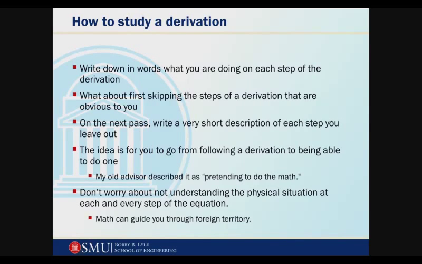My former PhD advisor described it as pretending to do the mathematics, pretending to do the math. And I kind of like that phrase. I like the fact that that's what we're trying to do. We're studying the derivation, we're not replicating it, we're not redoing it. We're just pretending to go through what somebody else has done the heavy lifting on.